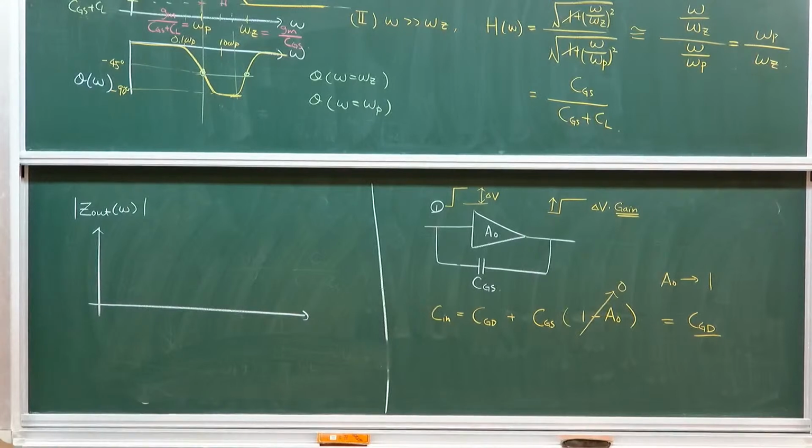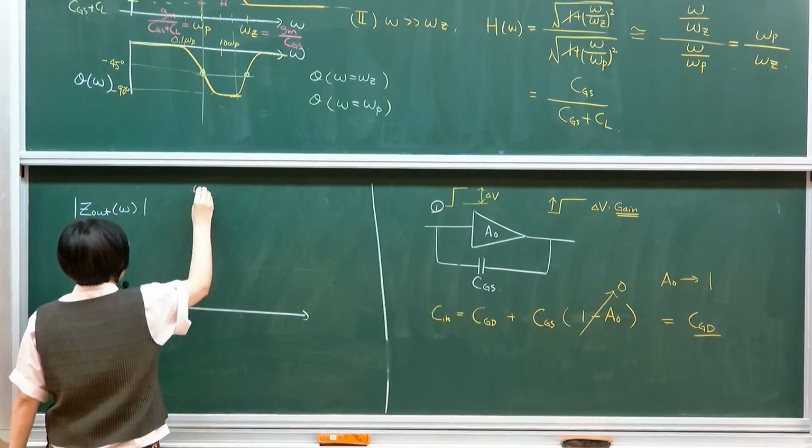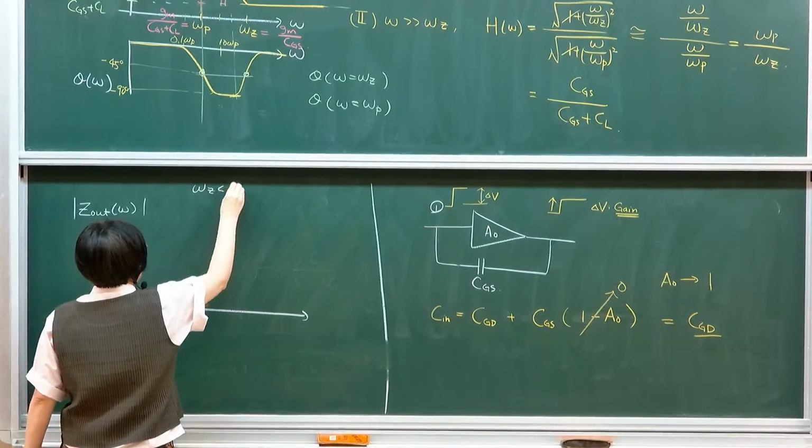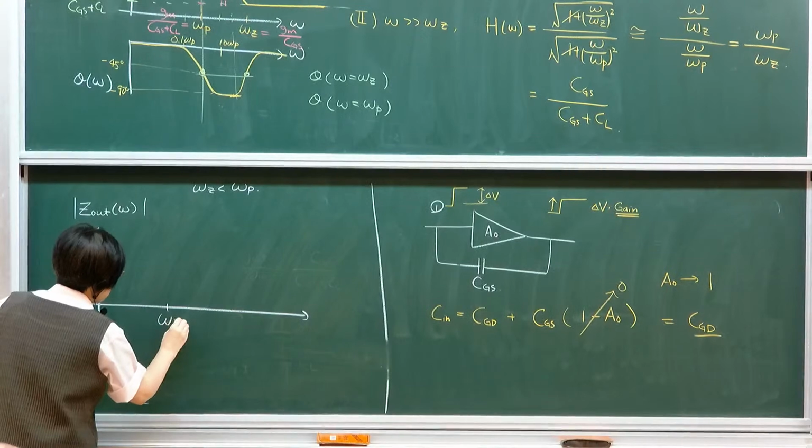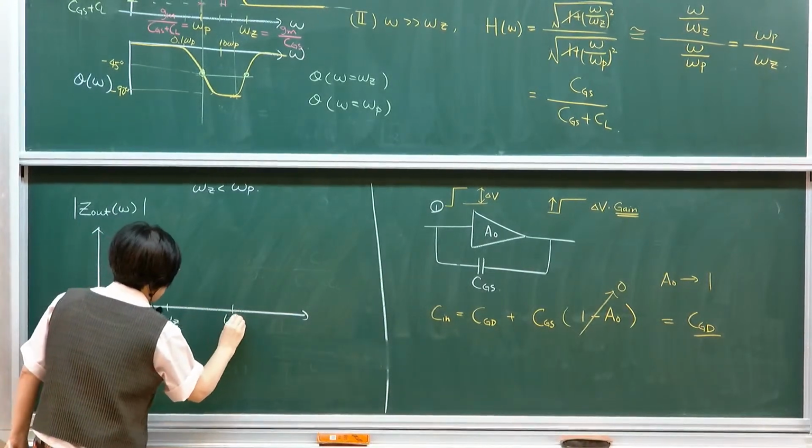Once again, in this case, it's opposite from our gain analysis. I have a 0 at a low frequency. So I have 0, omega Z smaller than omega P. So I will hit the 0 first, and then the pole.